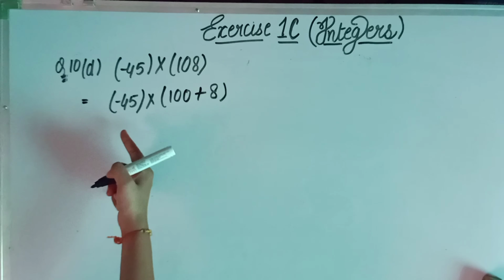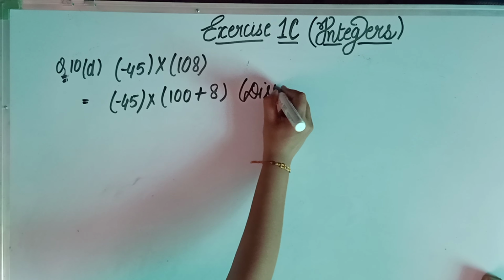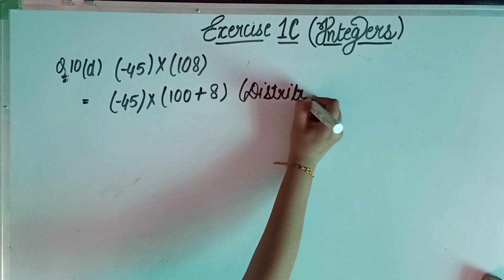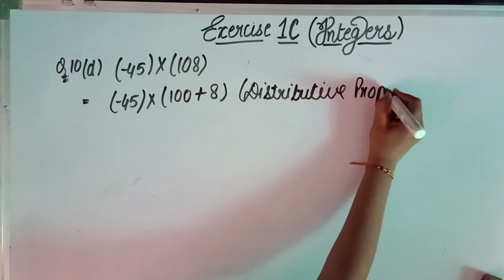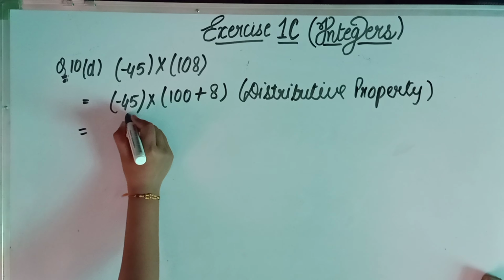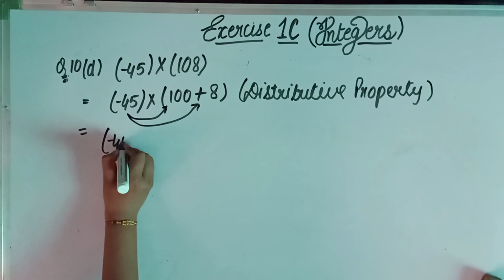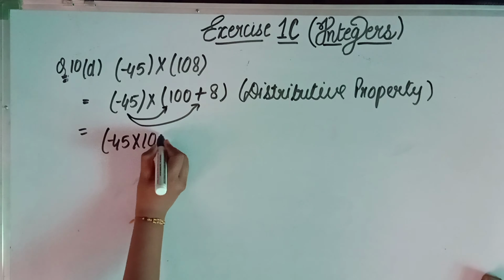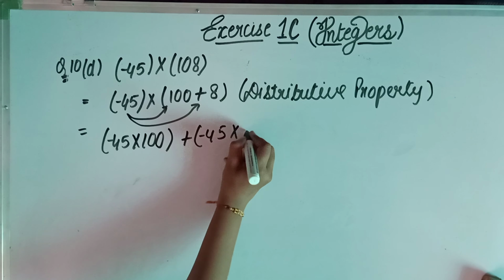And then this is the distributive property now. So here I am just writing distributive property. Now we are going to multiply it by this, and then we are going to multiply it by this. So minus 45 into 100, plus minus 45 into 8.